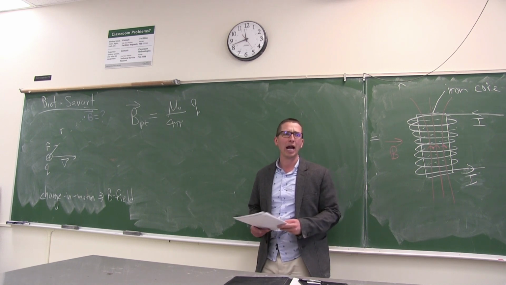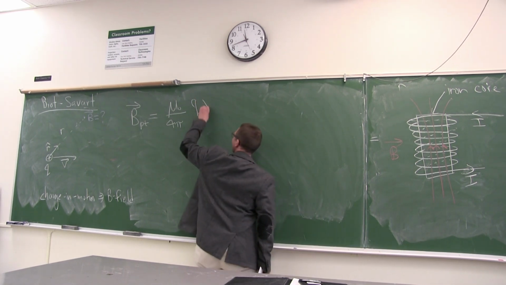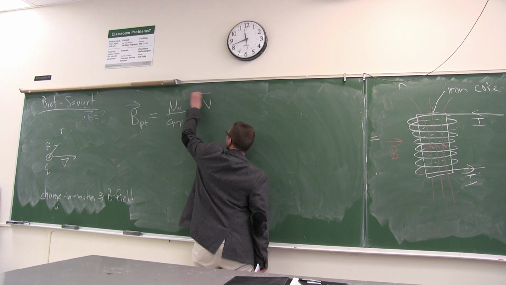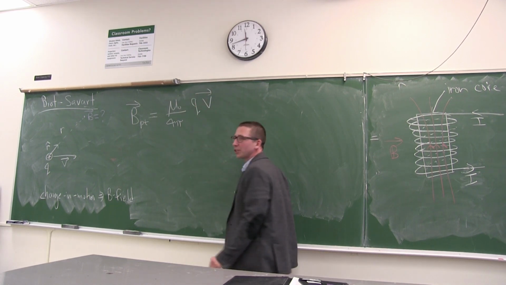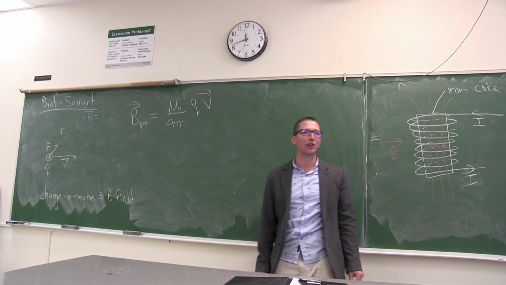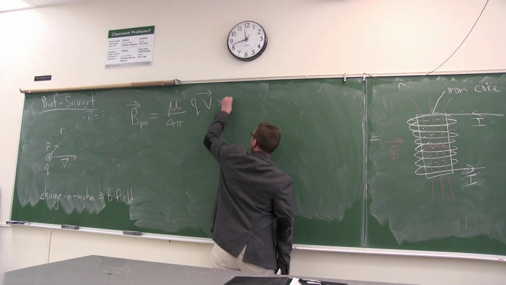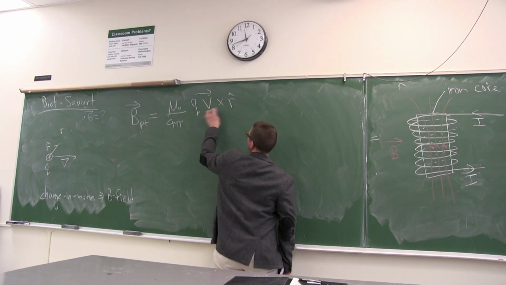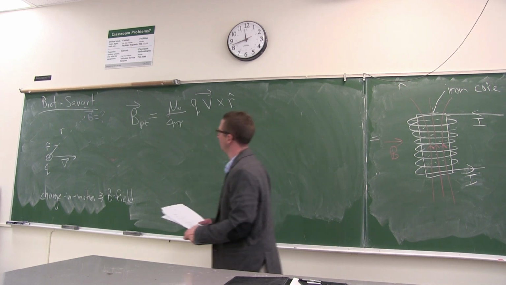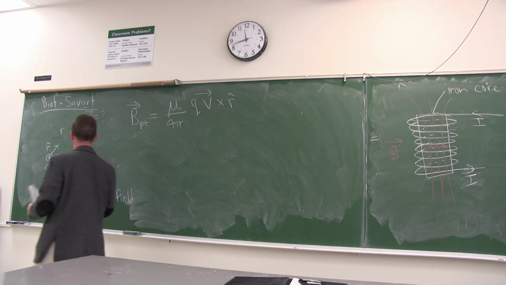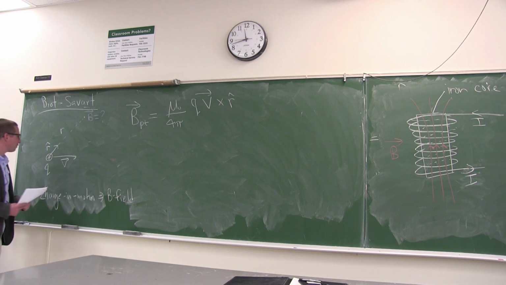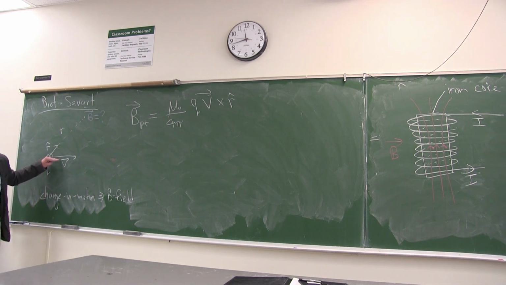It should also depend on how fast the charge is moving, v. Put a vector sign here because magnetic field is also a vector. It should also depend on direction. So it turns out that v cross r is a cross product which gives me a vector that's perpendicular to v and r.